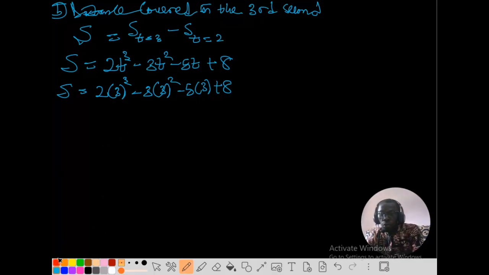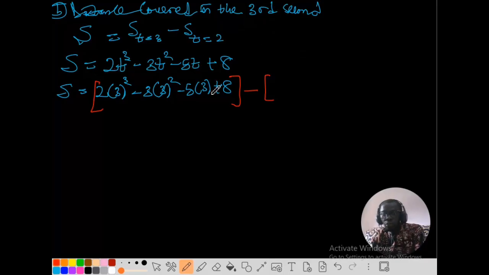Call this the first equation here. Then we can now have this minus x when t is 2.